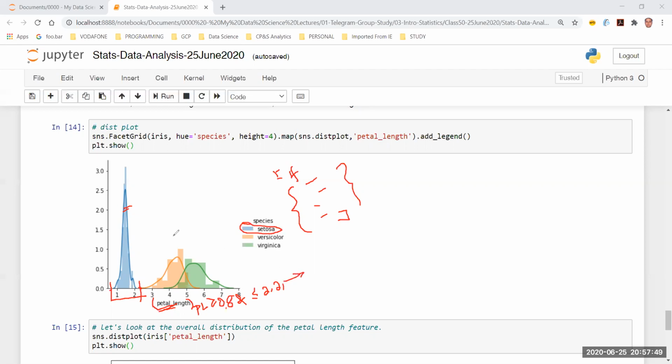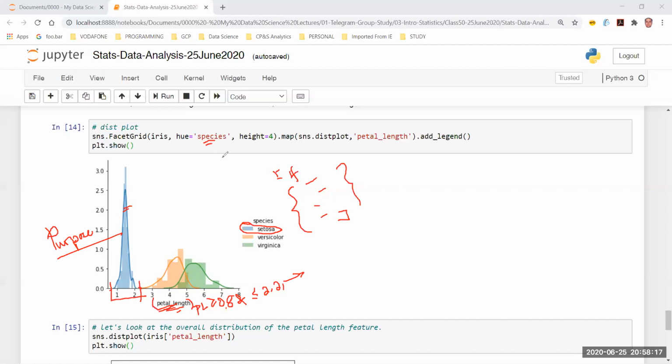So the thing that I infer over here is that the use case, or the purpose of this diagram is actually different from the other diagram. In the other diagram, I was looking at the overall distribution of the petal length. In this case, I'm not. So basis the question, if I'm trying to ask myself, is there any way to bifurcate species based on their features?